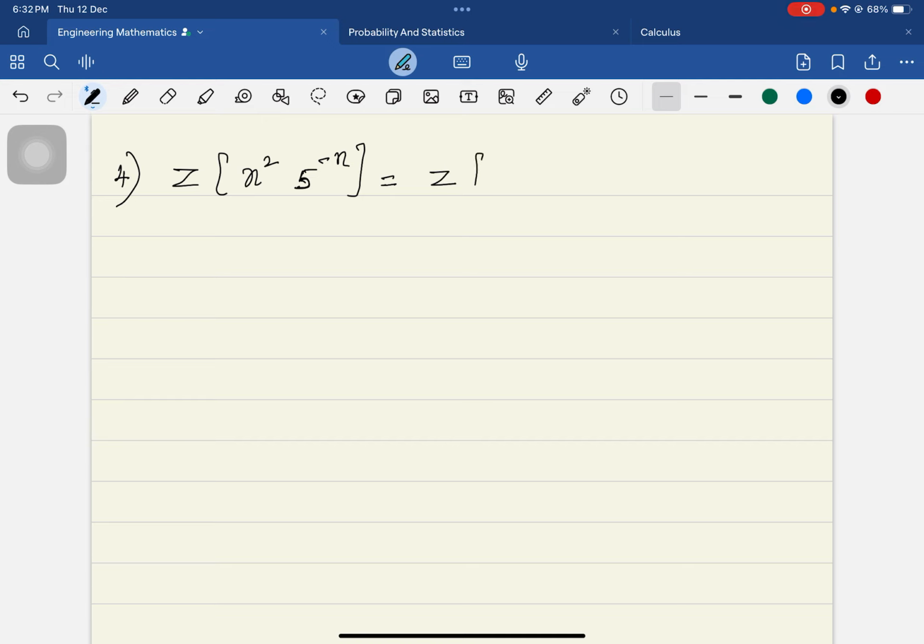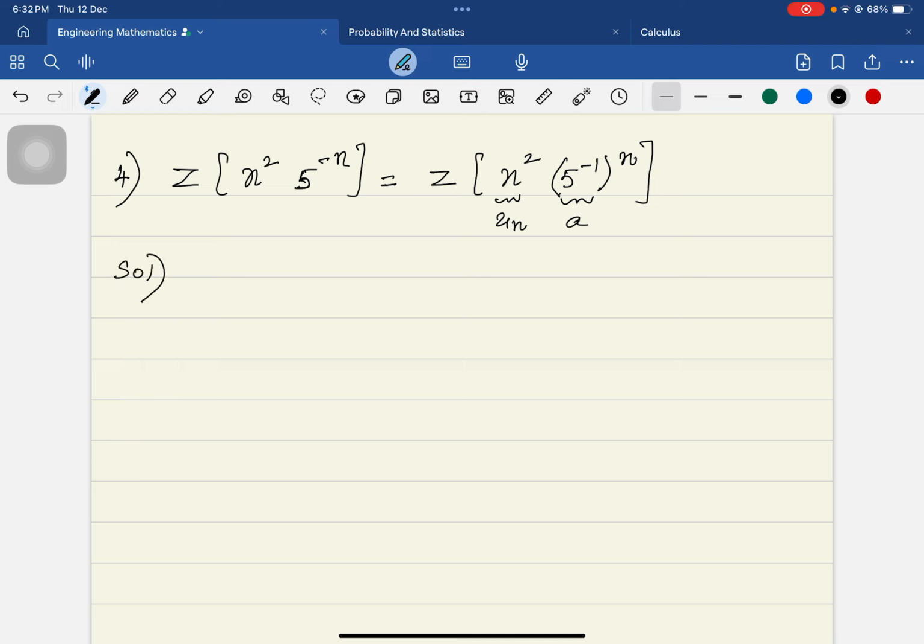So you can rewrite this as z of n square into 5 to the power of minus 1, the whole power n, right? So what is in the place of a you have? In the place of a you have 5 power minus 1. In the place of un you have n square. So this is the understanding.